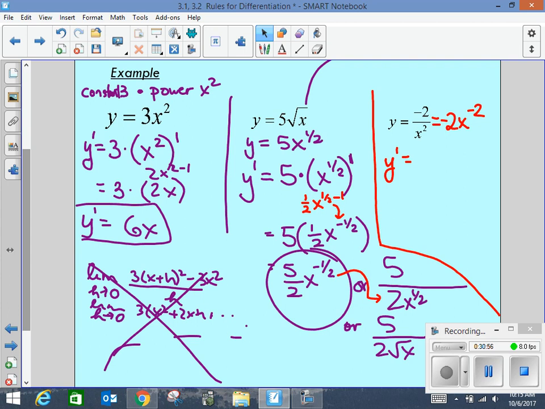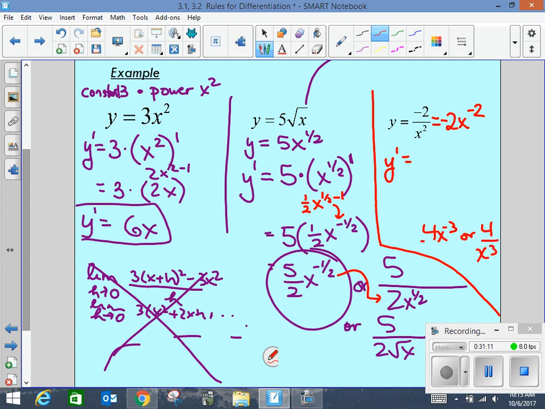Perfect. Okay, so I have 2 answers showing up. 4 times x to the minus third. And I also have 4 over x to the third. Is either one better than the other? No. Depending on what you are going to do with it next, which we're done with it.